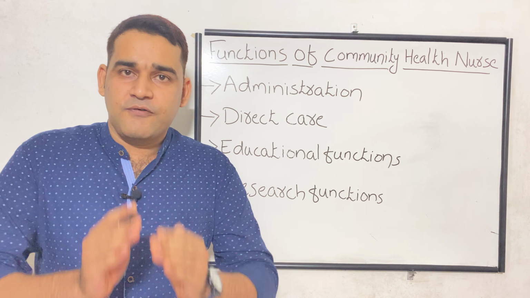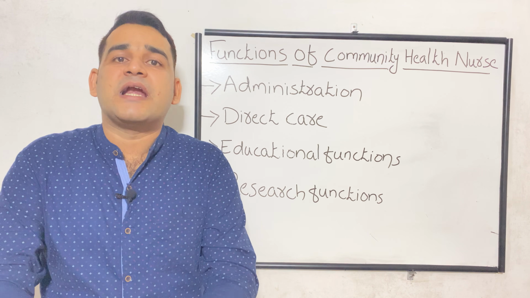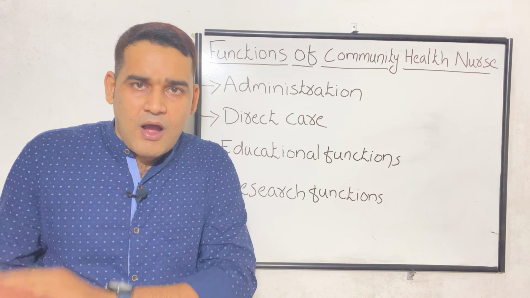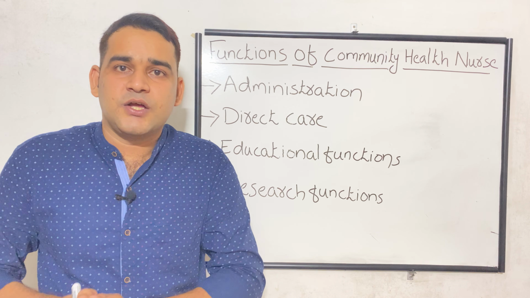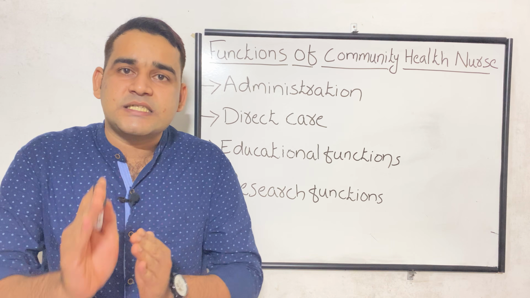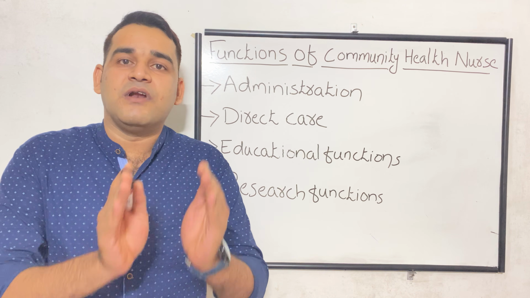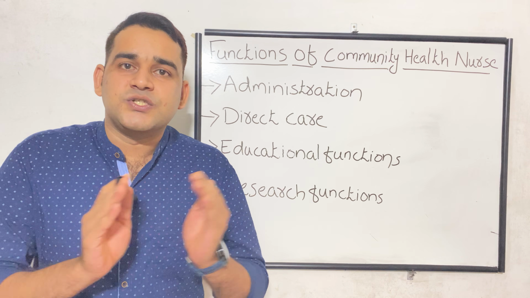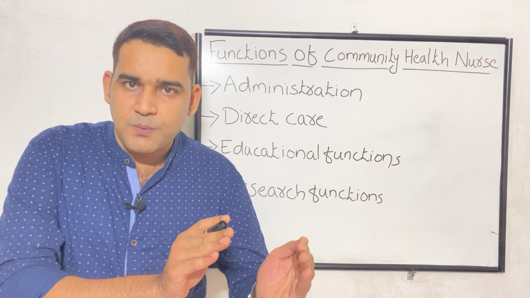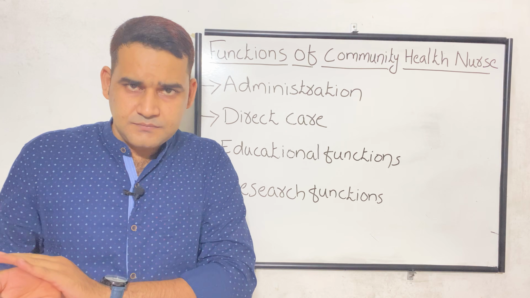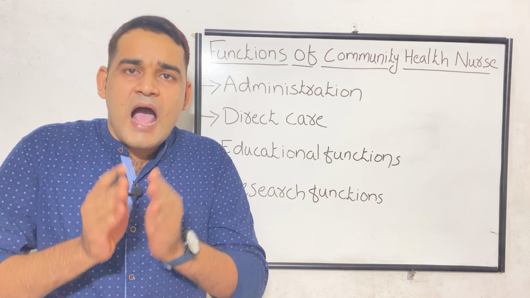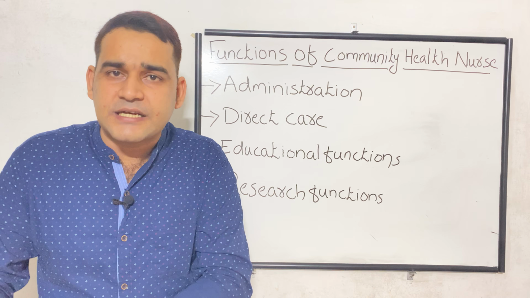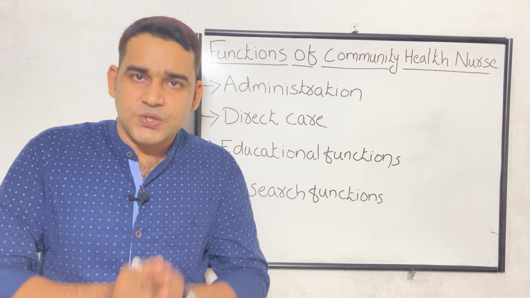How can you find a solution to the problem? You have to conduct the research. After conducting the research, you will plan such and such care, and if I provide it, I will get a solution. The community members will get a solution to this problem. So you plan for the research, and after conducting the research, you will get a solution.